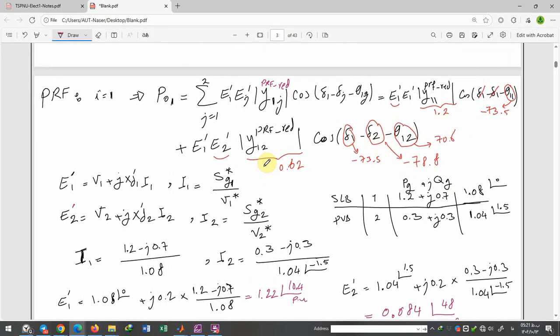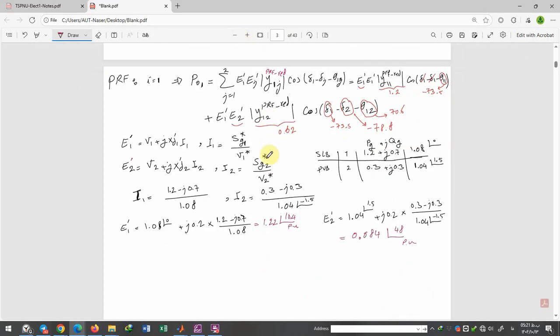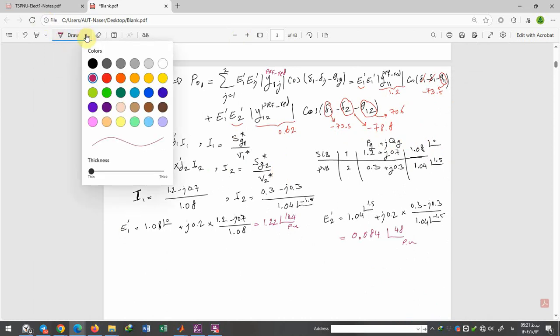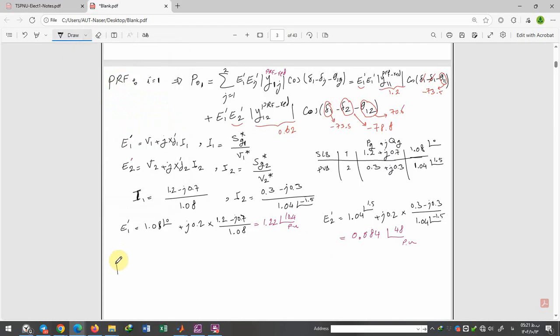The PO1, the electrical output power of generator number 1, is E1 prime multiplied by E1 prime.